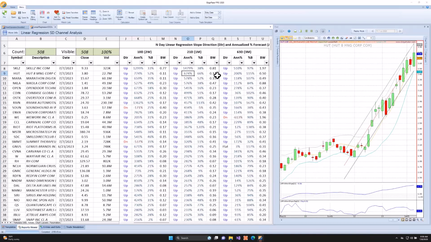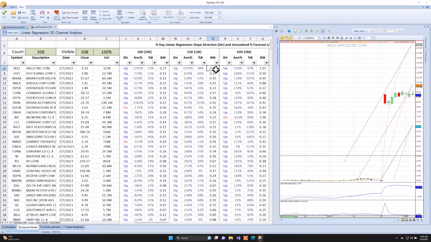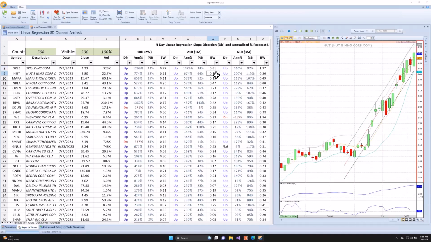So if it's got a low value in bandwidth, it means the move is consistent. It's a narrow move. Price is moving up in a very consistent manner. If it has a high value, like in SKYX, we already saw that, the band is wide. That's inconsistent. So we can kind of see that already from the template without looking at the chart.